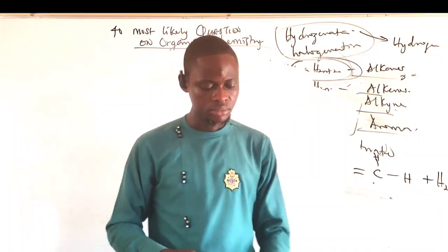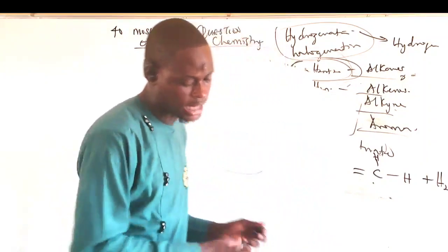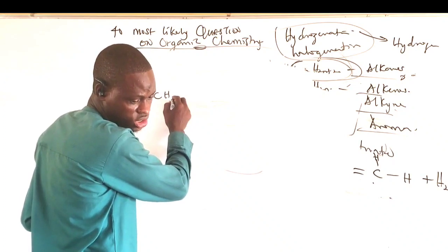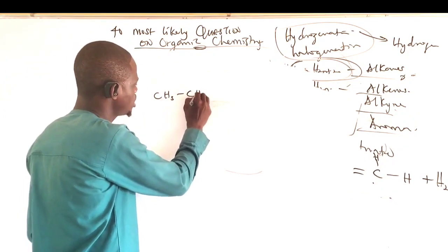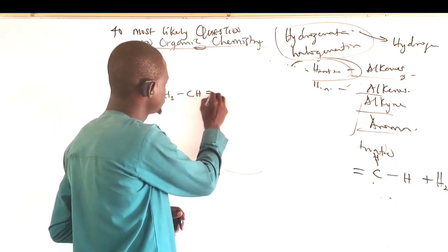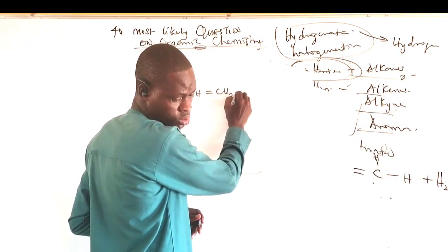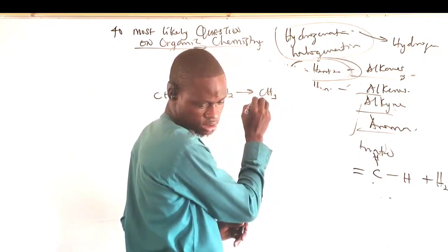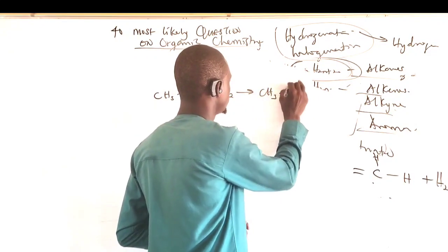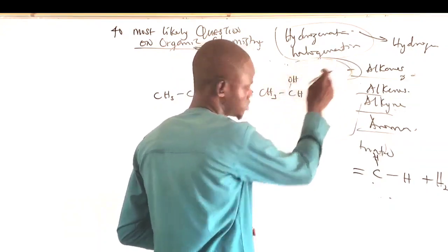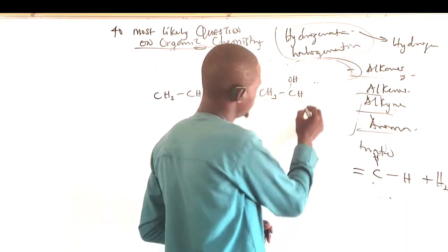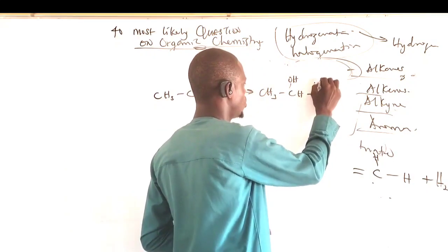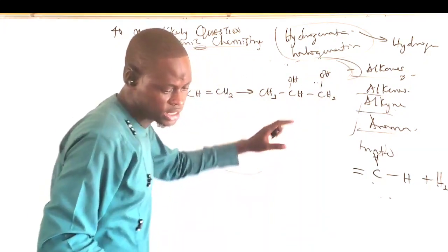Question 6. Consider the reaction below. I think they said we have this reaction: CH2 to give CH3CH(OH)CH2OH. Now, what is this?